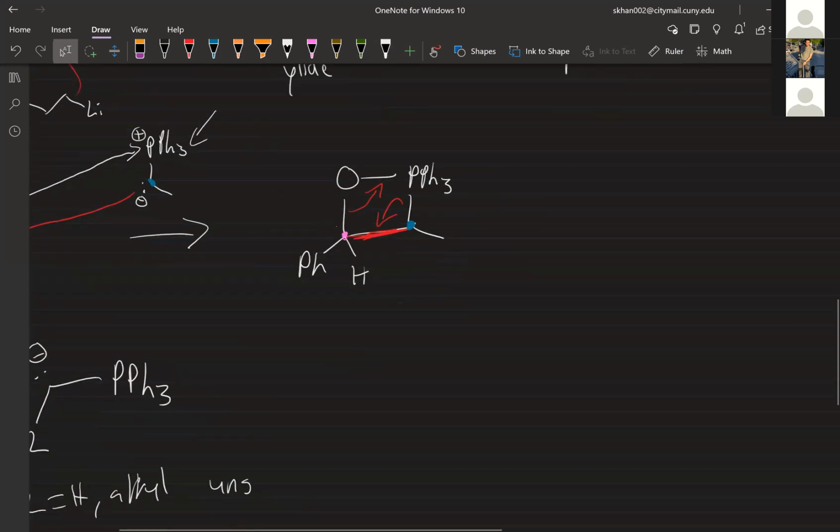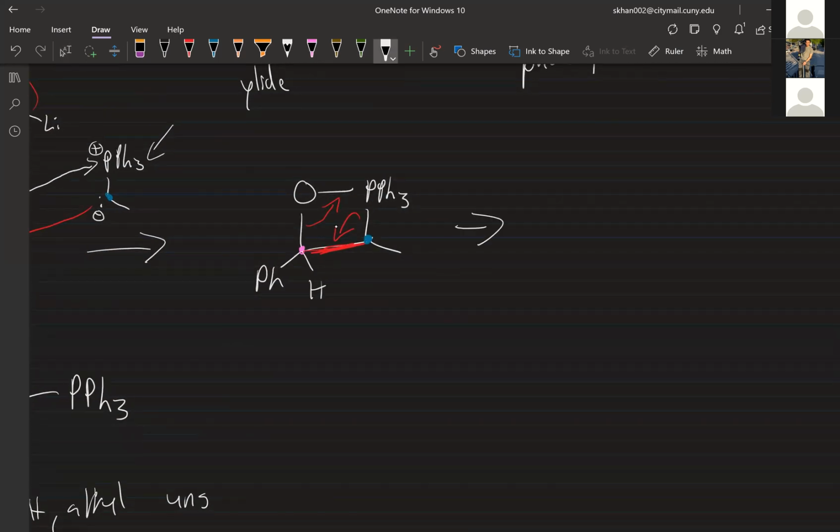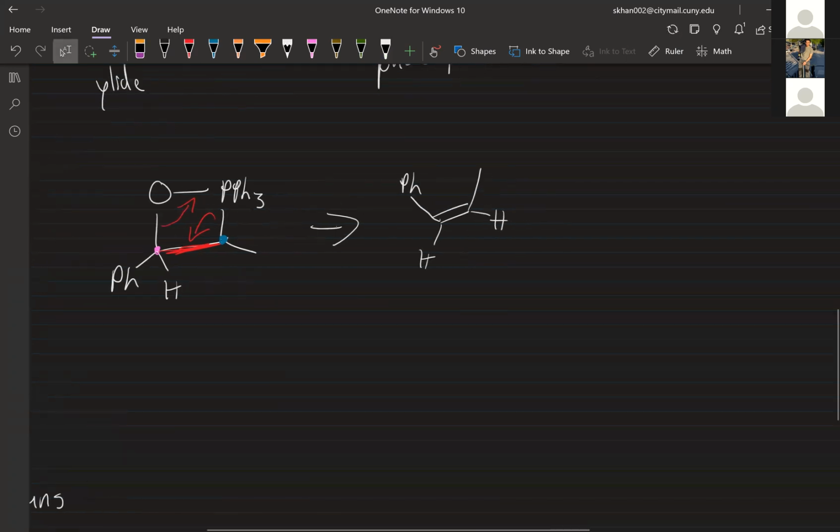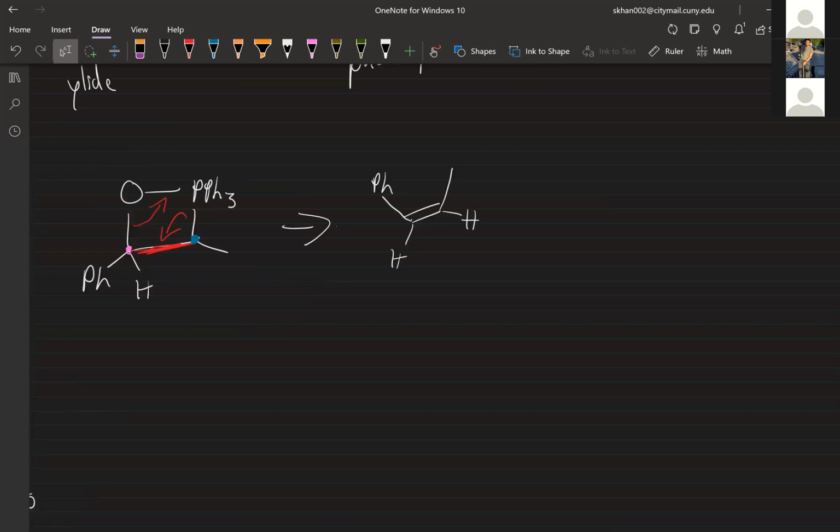So your final major product is going to look like this, with Ph. Technically it's just H's on the other side, but it's going to be Z to each other. I'll draw the H's for clarity. But the main thing is those two big groups are on the same side.